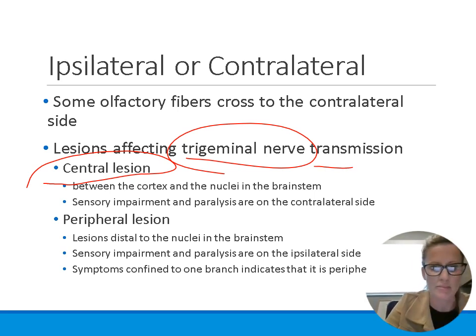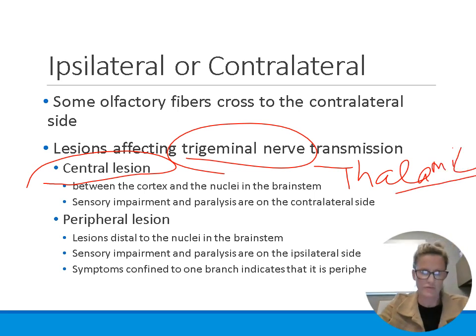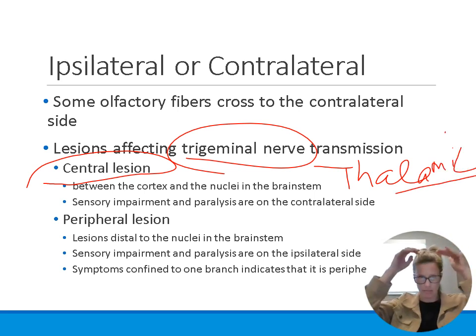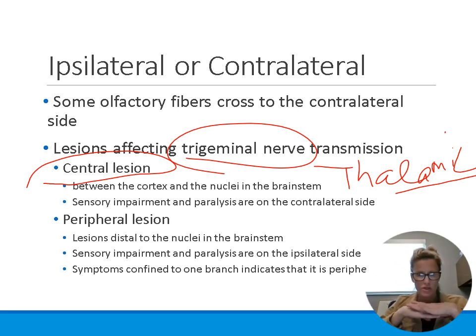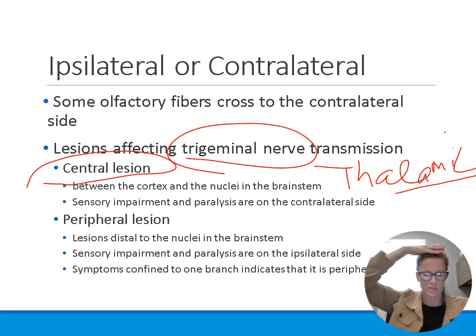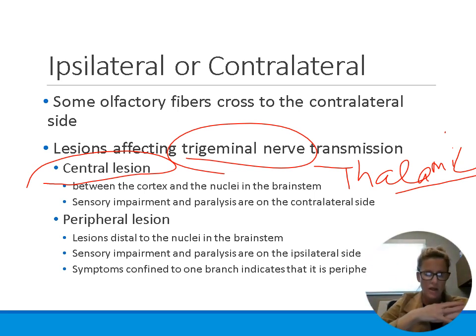So like a thalamic lesion, for example, that's up higher than where the nucleus is down in the pons of the brainstem. So essentially anywhere between the nucleus and the pons and up to the cerebrum is a central lesion.